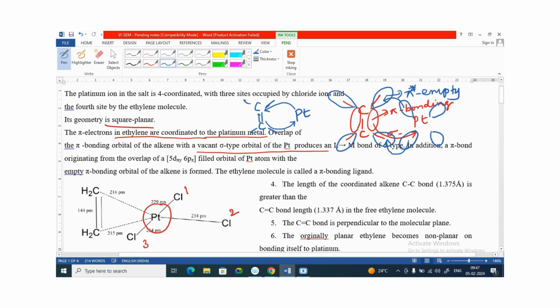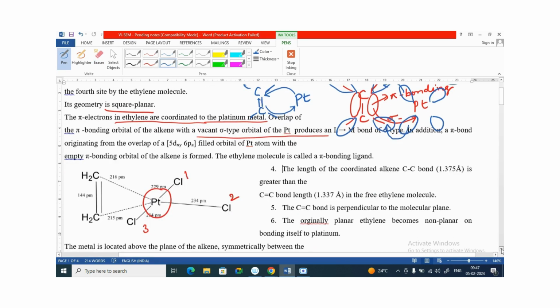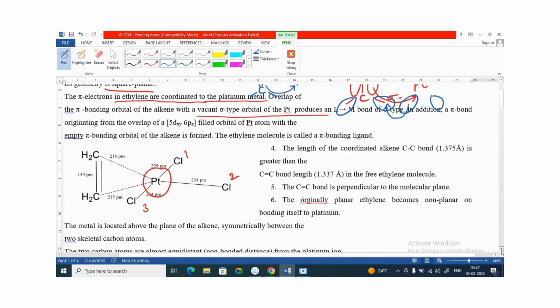Then the carbon carbon double bond is perpendicular to the molecular plane. Then the originally planar ethylene becomes non-planar on bonding to the platinum.